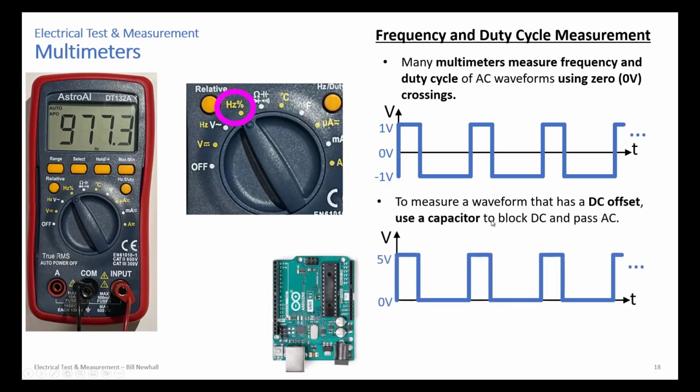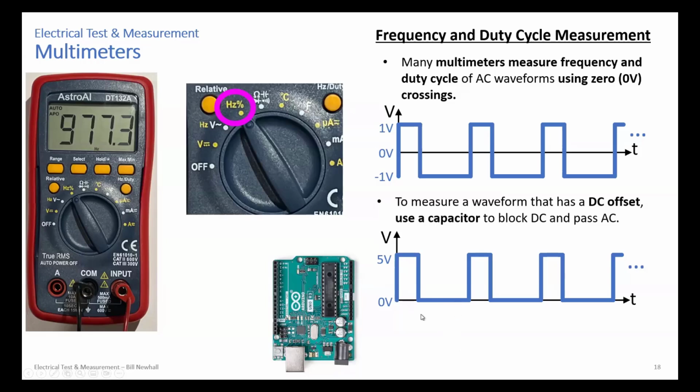But if you have an output, let's say, of a microcontroller, like the Arduino you're going to use in lab, you're going to produce a waveform that varies between 0 volts and 5 volts with a given frequency and a given duty cycle. But there aren't well-defined zero crossings here.